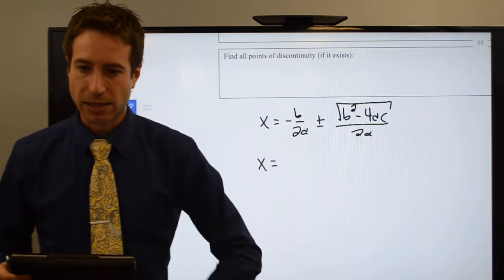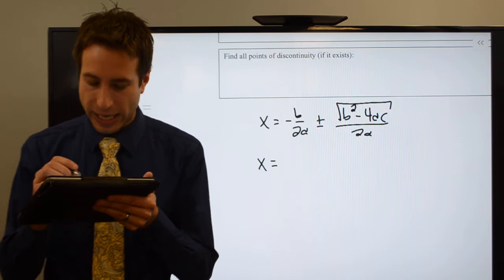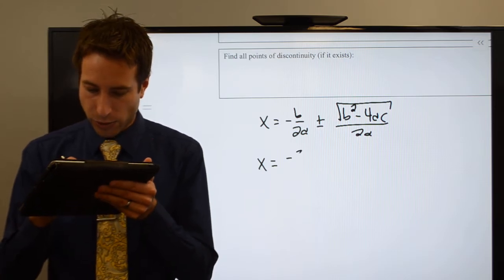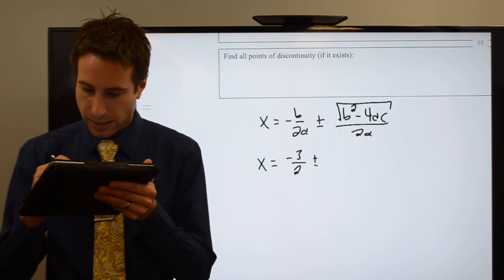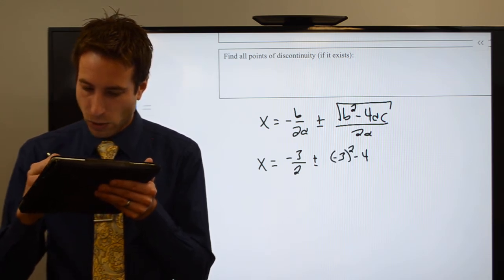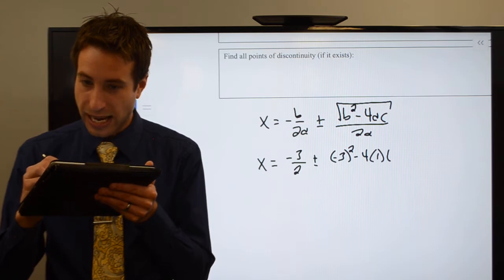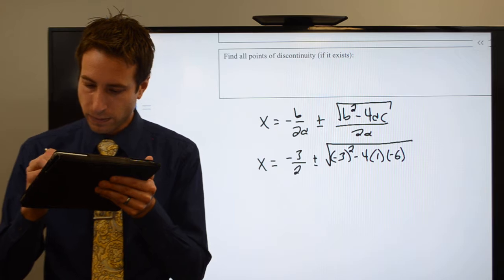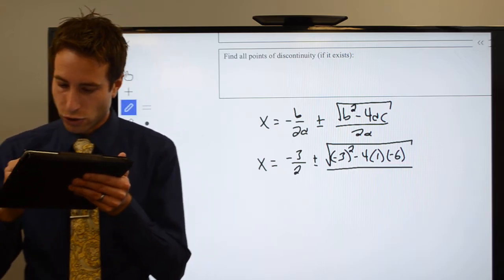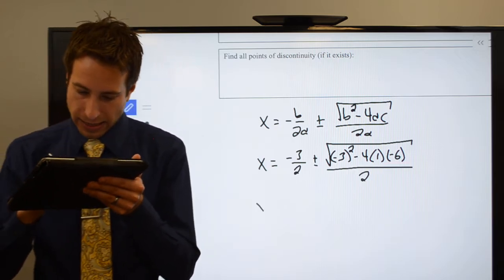In this case, my b is a 3, so I'm going to wind up with -3 over 2 plus or minus the square root of -3 squared minus 4 times 1 times -6, all over 2.